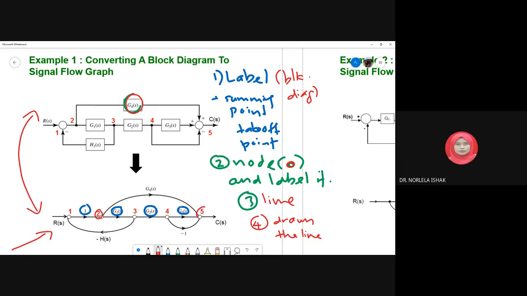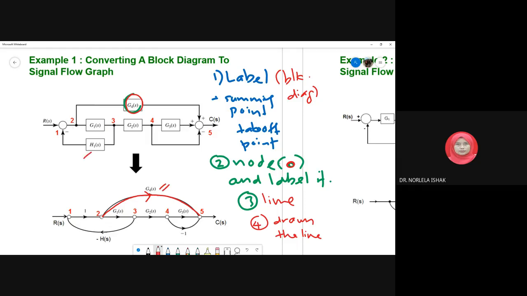So we jump here like this. Okay, G4 is from knot 2 goes to 5. So meaning we make it like this, and you have to put arrow. Okay, you have to put arrow and label with G4.